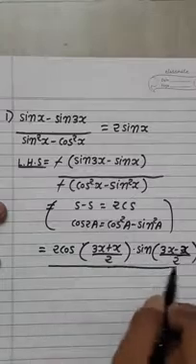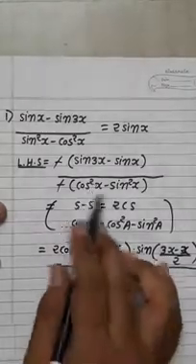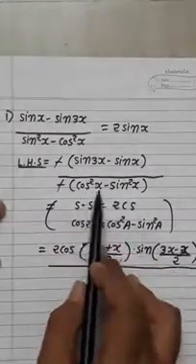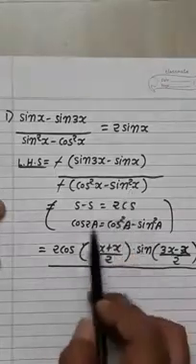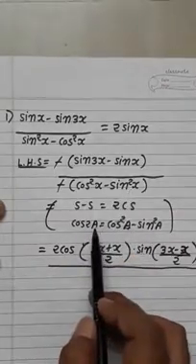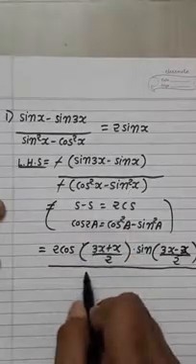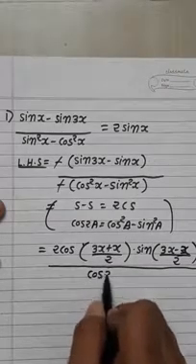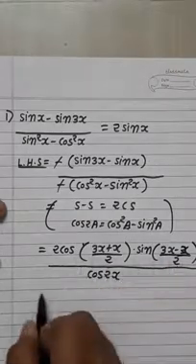upon, in the denominator term, here apply the result cos square x minus sin square x, that means cos 2x. So in the denominator we write cos 2x. Now simplify this term.